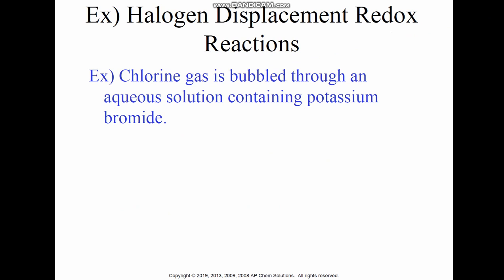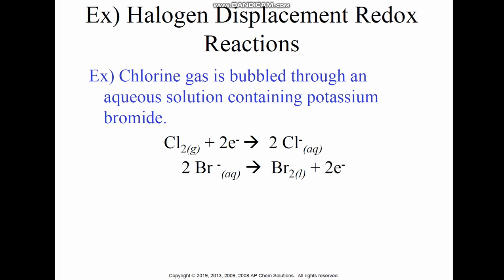When we look at this, we write a redox half reaction. We want to write the reduction reaction and the oxidation reaction. The chlorine is going to gain electrons, so it's the one that's reduced. The bromine is going to oxidize. When we look at the diatomic halogens, each one is going to oxidize whatever is below it.